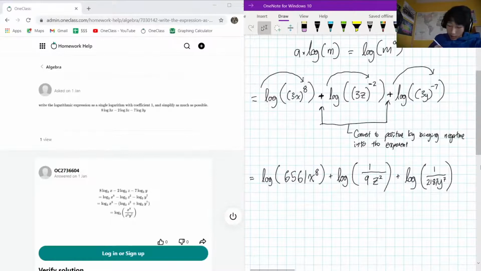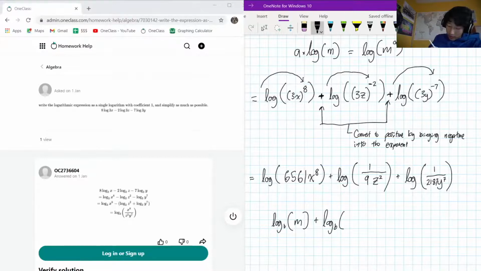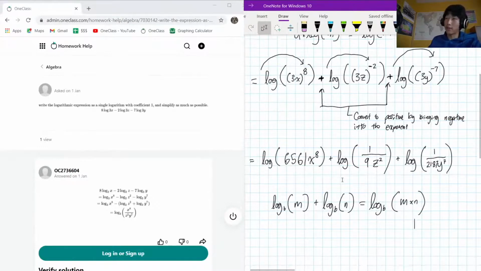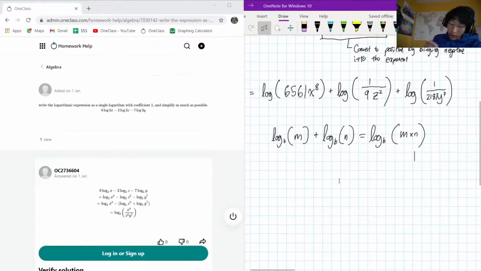Now the next thing that we want to do: we know that if we have log with the same base of m plus log of the same base with n, this is equal to log of the base of m times n. So if we have them added together, we can multiply all of their in-bracket stuff together and make it a single log. And the coefficient is already 1 because that was our first step. So that brings us one step closer to victory.